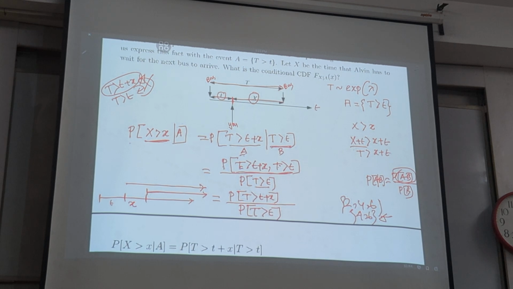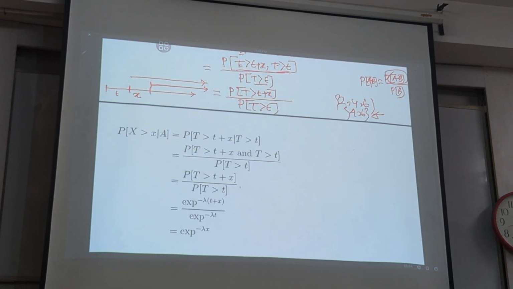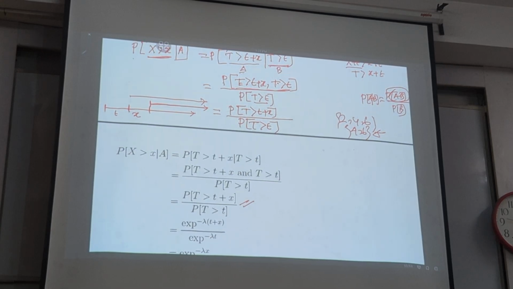Can I write this? If this is the case, we are here, right? For an exponential random variable, can anyone tell what it is?